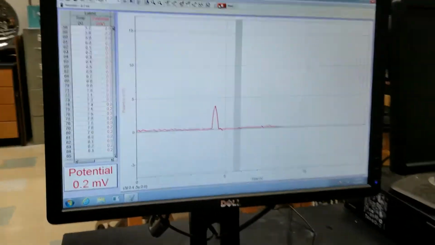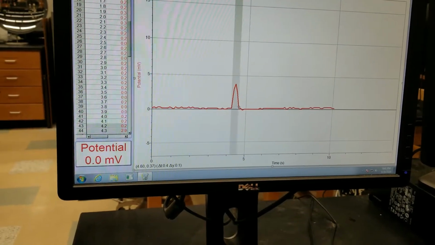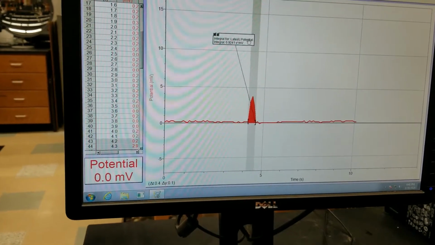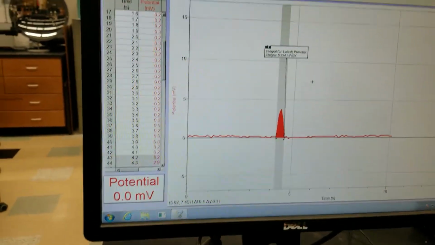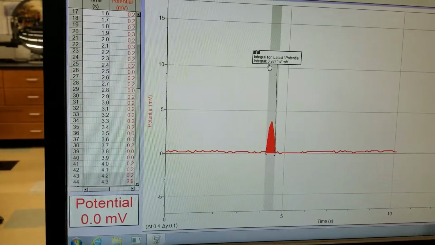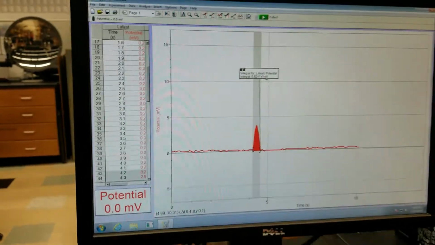Very nice. This time, the impulse caused by the horizontal component of the Earth's magnetic field is 0.9241 millivolt second.